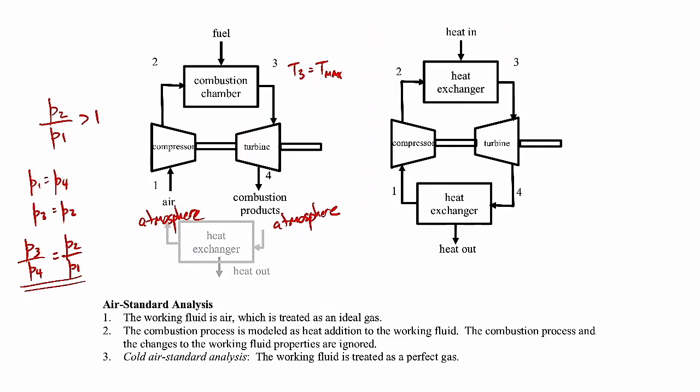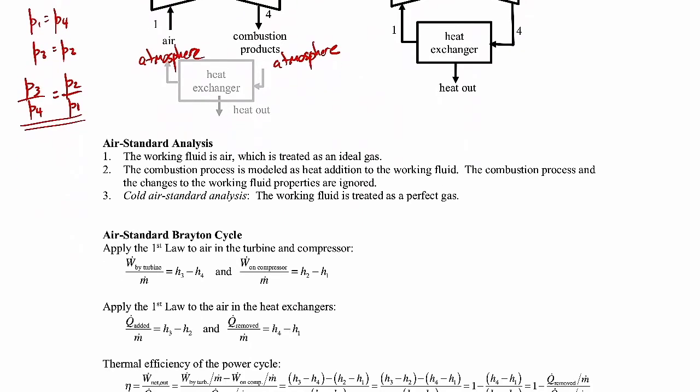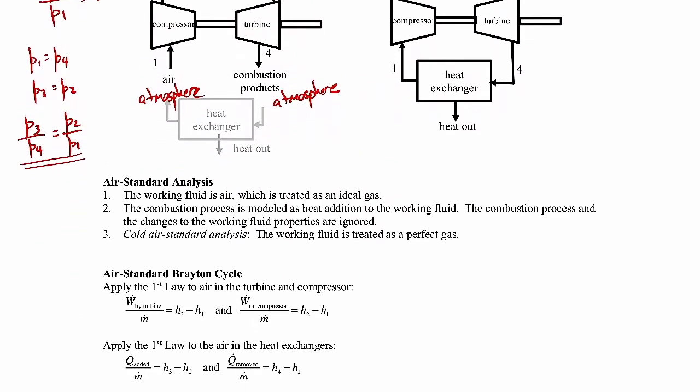Okay, so the way that we analyze this Brayton cycle is we'll use an air standard analysis. You're familiar with this already. Working fluid is air. We treat it as an ideal gas. We allow the specific heats to vary. Let me make a note of that. Specific heats can vary with temperature.